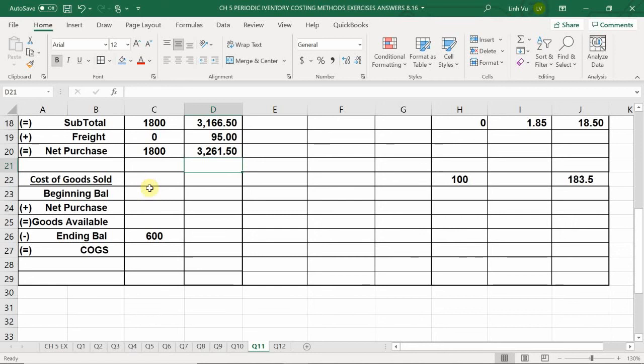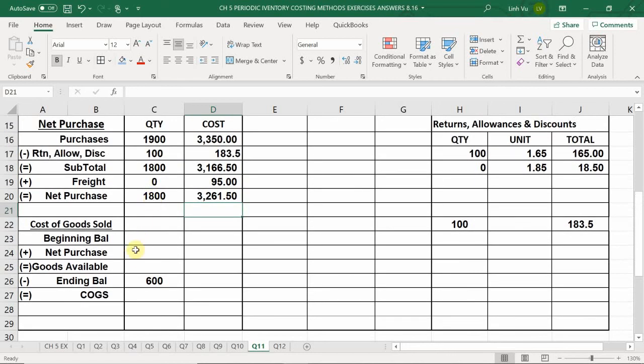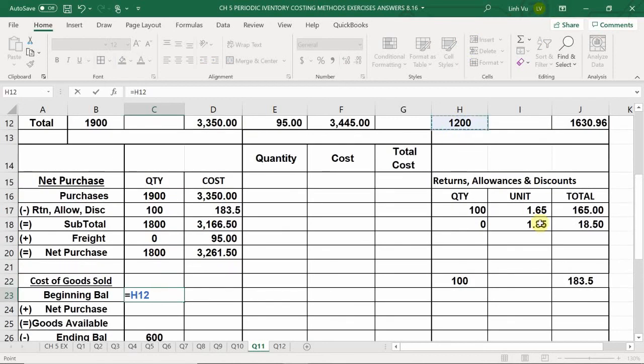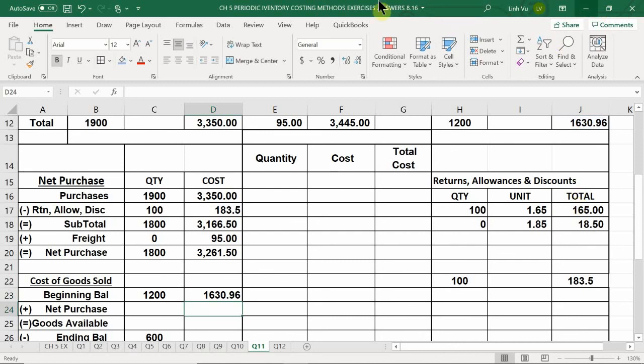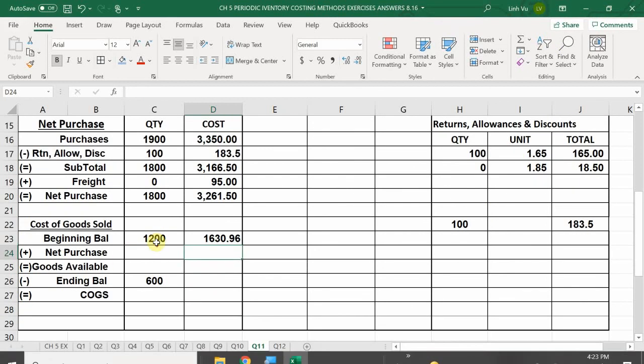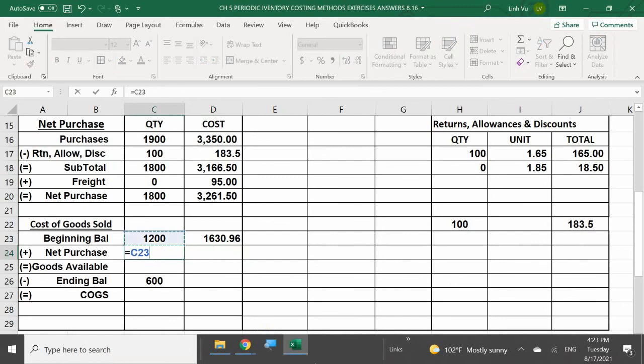Okay. Now we do have beginning inventory, right? Because we carried it from our previous worksheet. We had a total of 1,200 units, okay, equaling a total of $1,630.96.